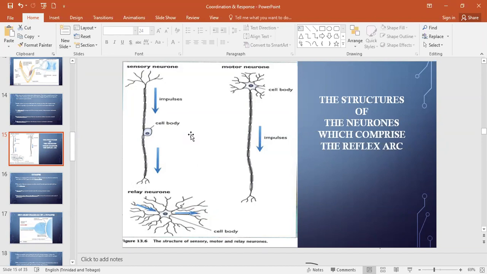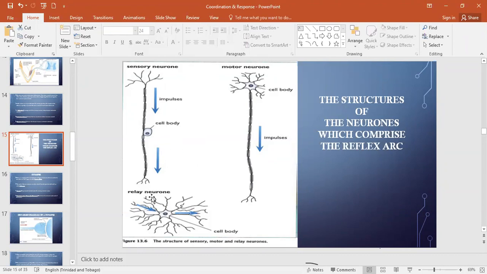Besides insulation, what else does it allow for? Excellent. Yes, the fast movement or the fast transmission or the fast passing of impulses. Very good, both of you, Dimitri and Desha. So it not only provides insulation, but it allows for the electrical impulses to move quickly along. Excellent. All right, so this is how a sensory neuron looks.